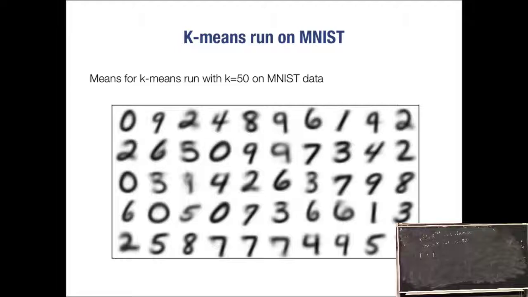Question? Yeah. So what I'm doing here is right. Each mu j that I find here is also a vector in 784 dimensions. So I am taking that vector now, and I am just reconverting it to a 28 by 28 image by taking 28 by 28 portions and stacking them next to each other to go back to a visual space you can actually interpret.